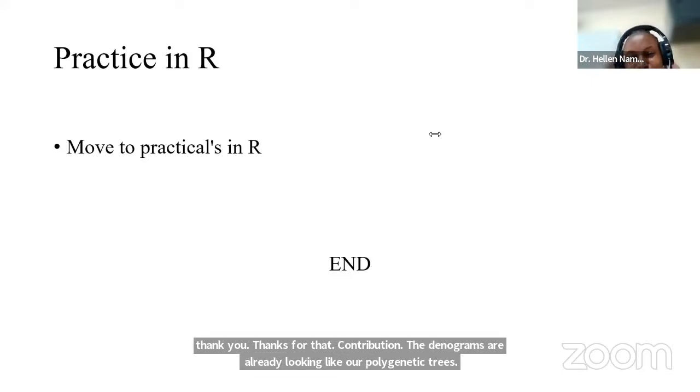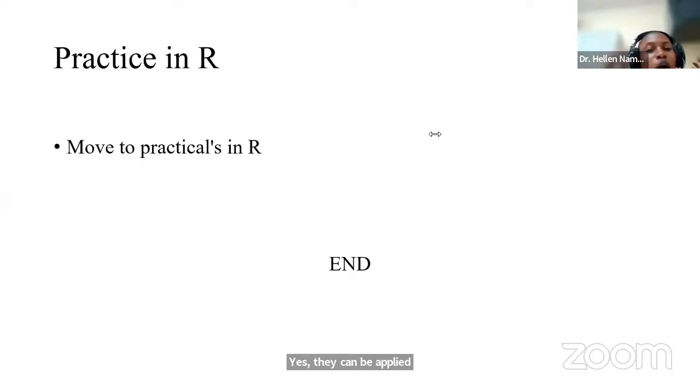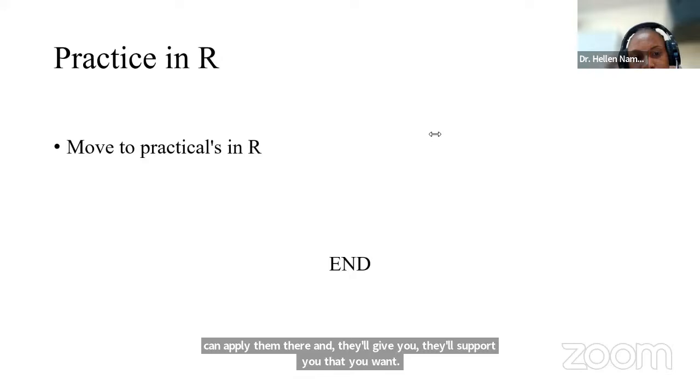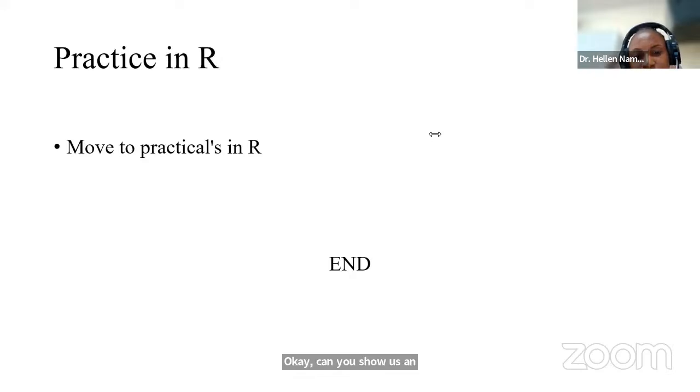Yes, they can be applied in different fields, and also within your area of specialization, you can apply them there, and they'll support you to make the right decisions that you want. Okay, can you show us an example of data normalization? Okay, we are going to see that in R. How do we normalize data before we go ahead to do the clustering?